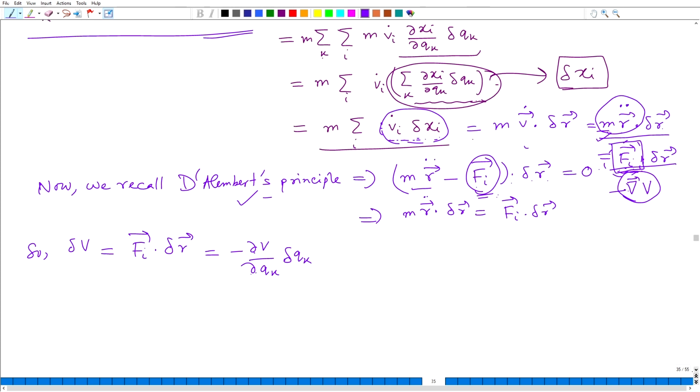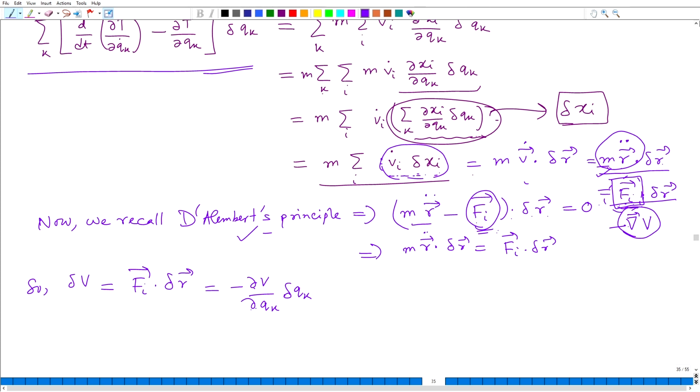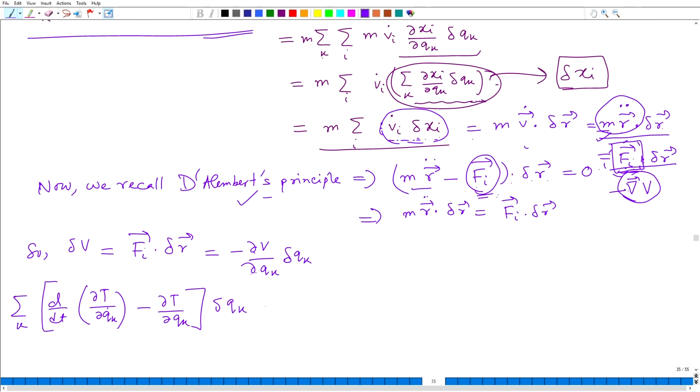If you admit this part, then you see that d dt, summation over k, d dt of del T del q k dot minus del T del q k times delta q k plus del V del q k delta q k, okay, is equal to 0, where again I am writing this with a summation over here, summation over k.